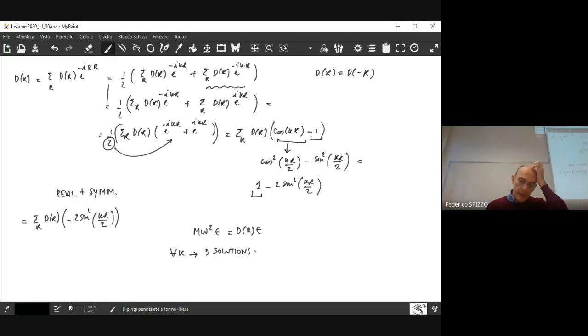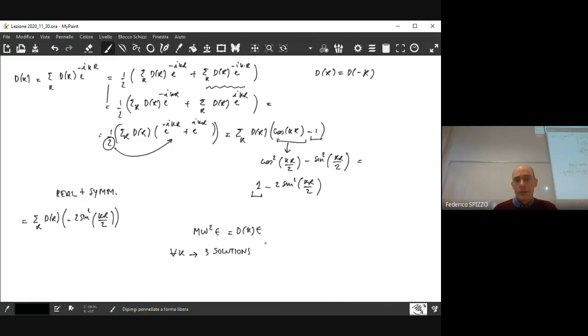So if we change the coordinates, we have the opportunity to have the dynamical matrix diagonal with 3 coefficients different from 0 over the diagonal.